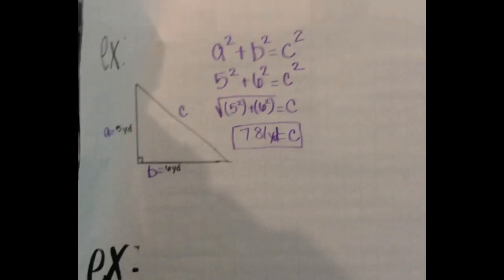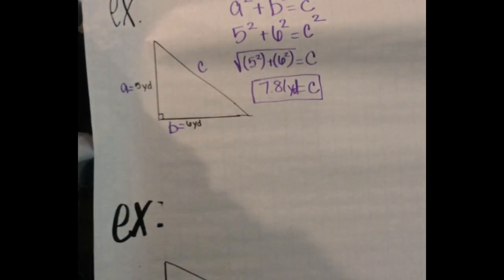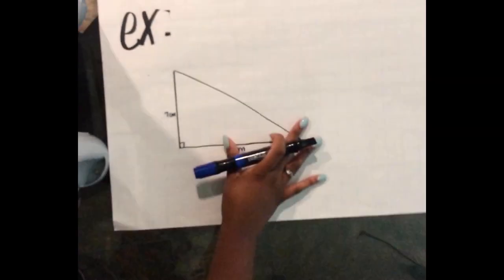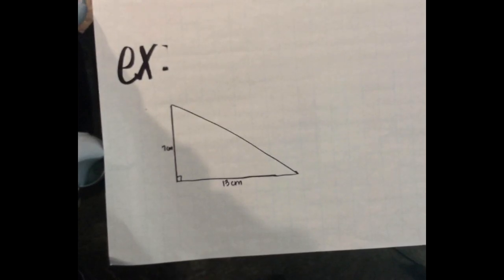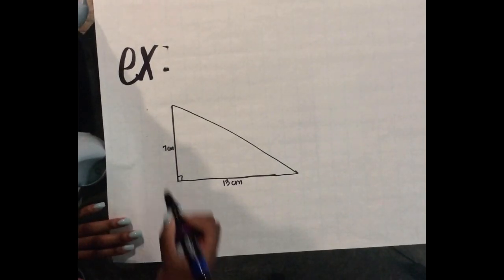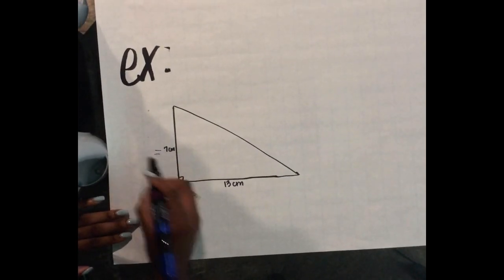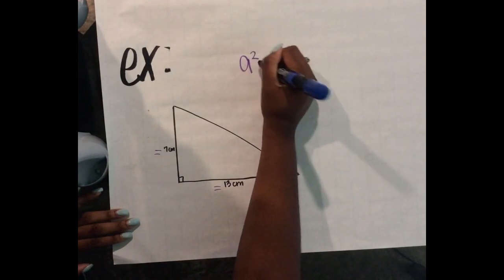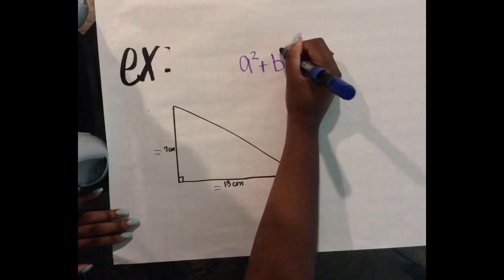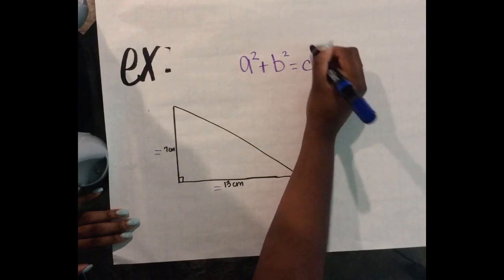So let's look at our next problem. We have 7, 13. Always write your formula. A squared plus B squared equals C squared.